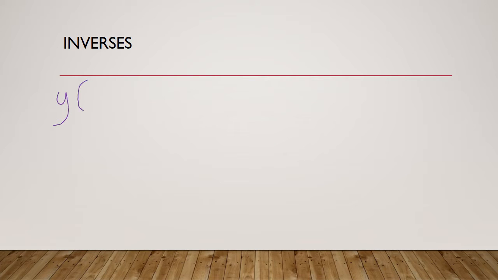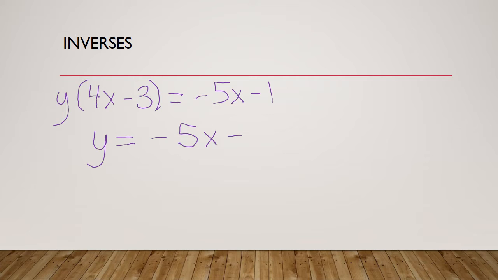And now I've got y times something, so I can divide by that something. I'll divide on both sides. y = (-5x - 1)/(4x - 3).